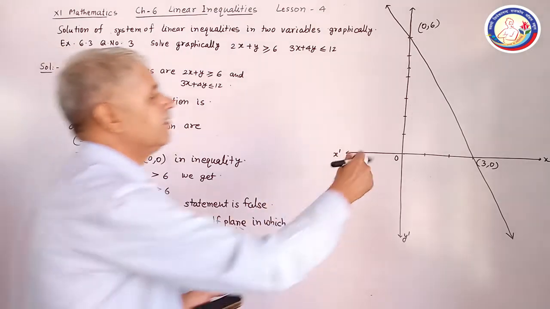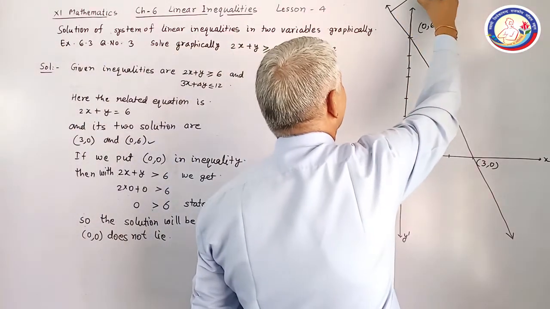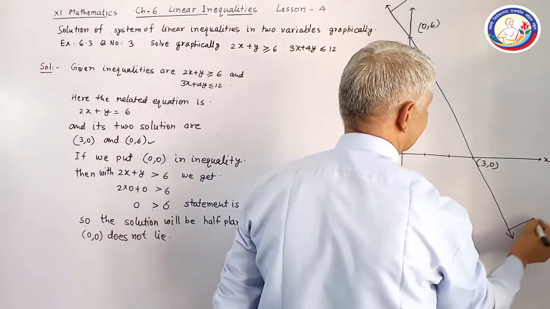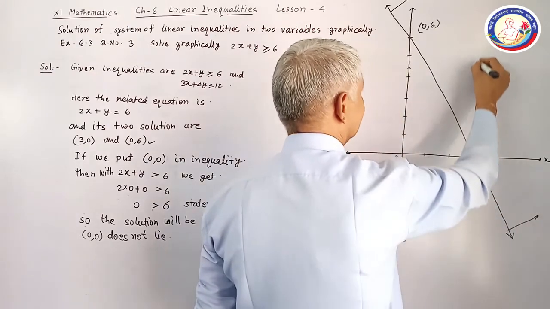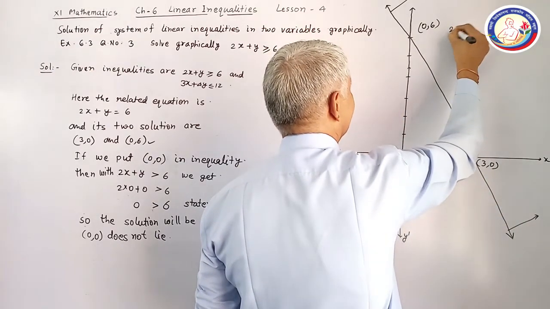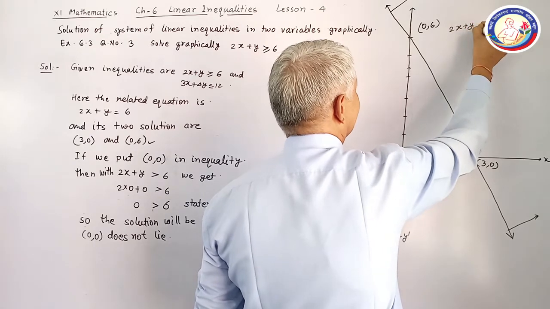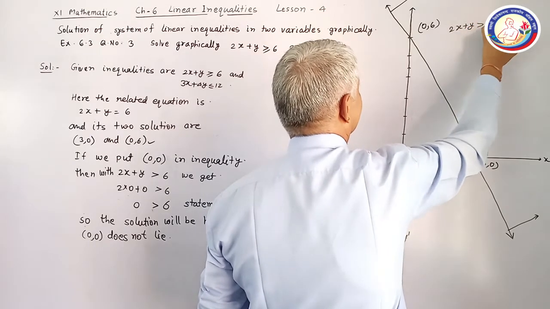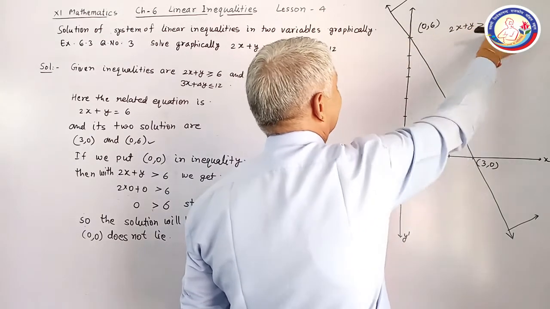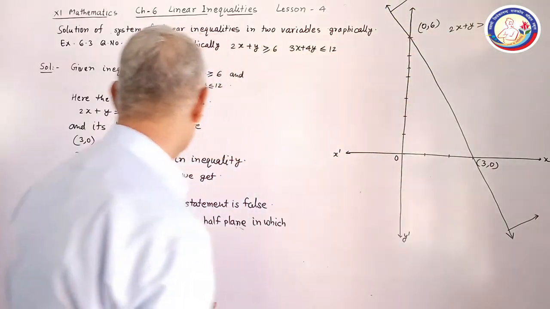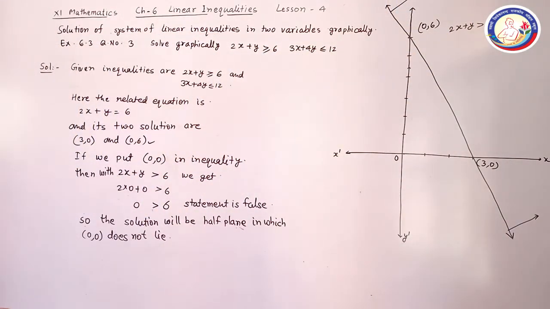The plane will be this. This will be the solution. We can draw arrows to understand it. This will be the solution of the inequality 2x plus y greater than or equal to 6, and on this line 2x plus y equal to 6. Now what about the second inequality?